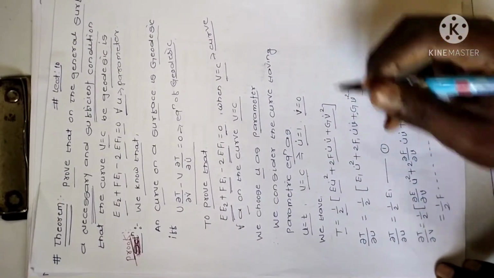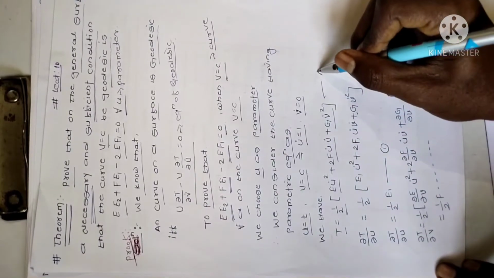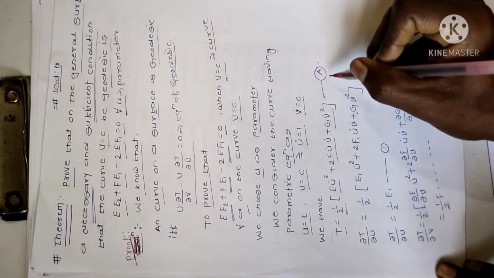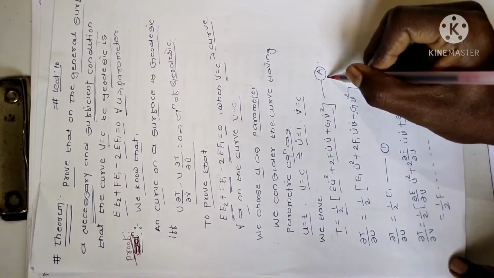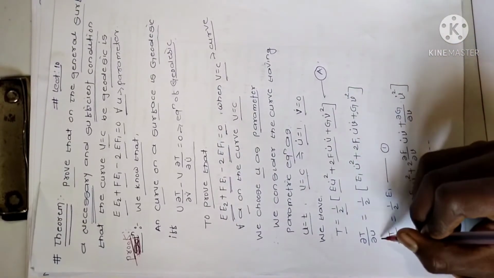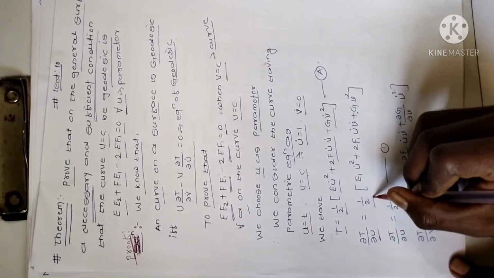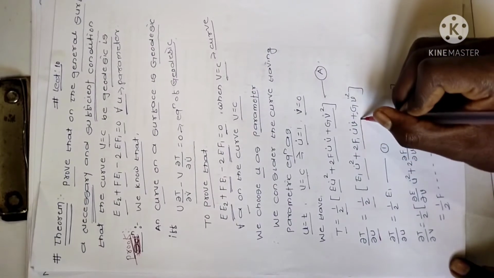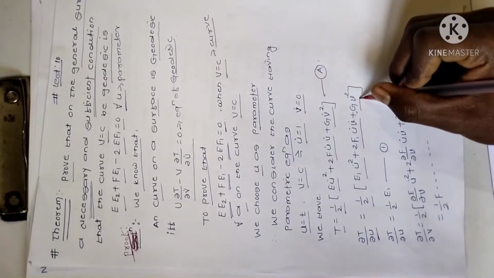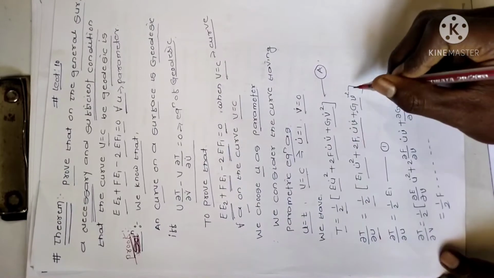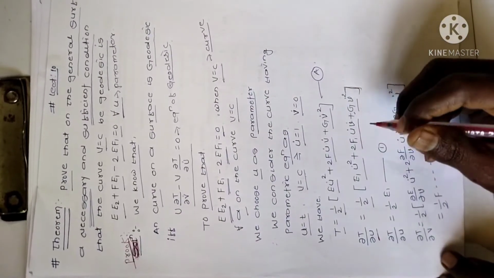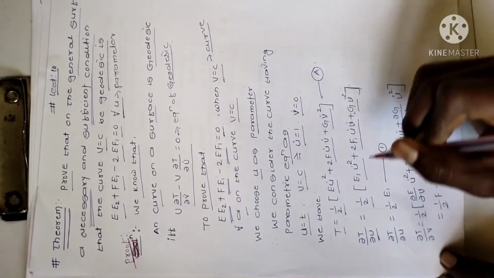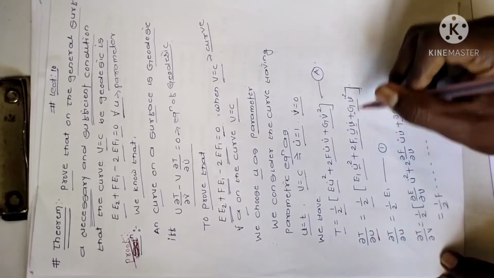This is equation A, and differentiating equation A partially with respect to u, ∂T/∂u is equal to 1/2 in bracket E1 u dot square plus 2F1 u dot v dot plus G1 v dot square. In this equation, substitute the values of u dot and v dot.